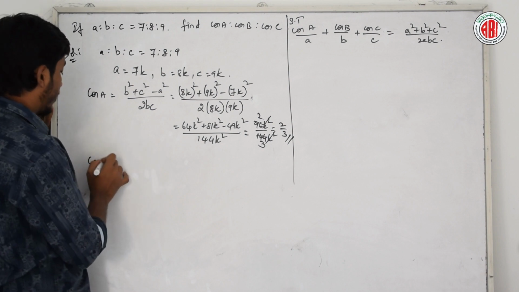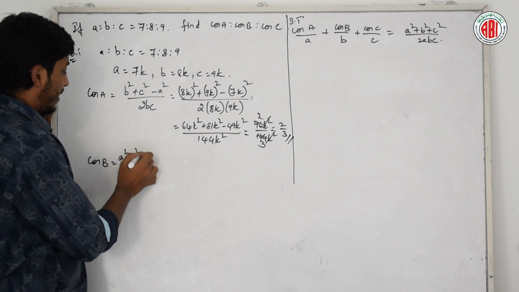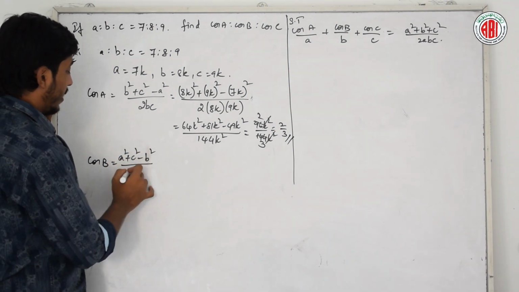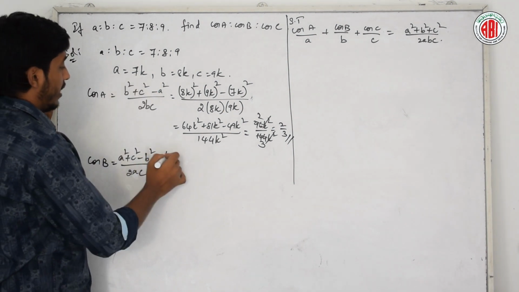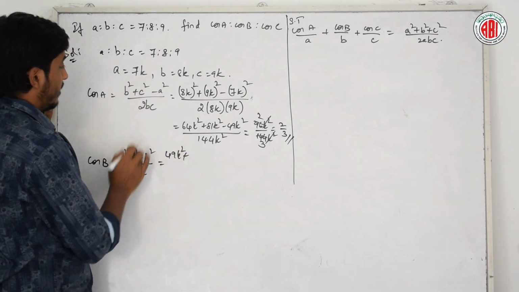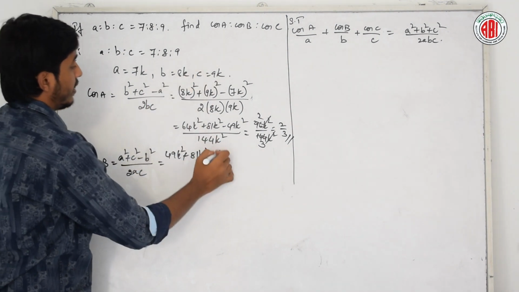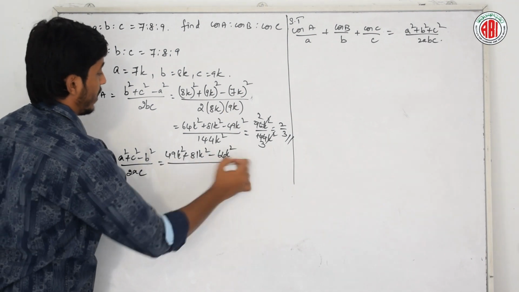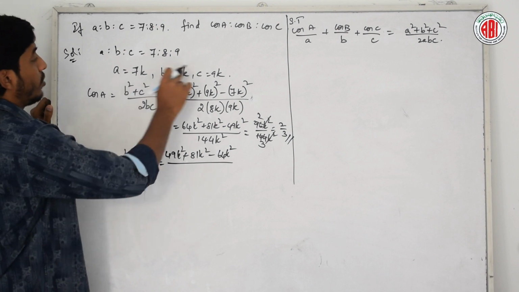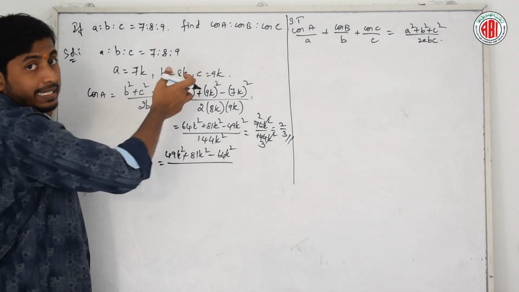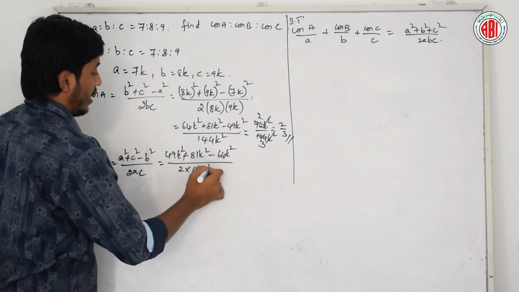Similarly, let us find cos B. What is cos B? That is a square plus c square minus b square divided by 2ac. That is equal to, what is a square? 49k square. What is c square? 81k square minus 64k square divided by 2ac, 2 into a into c. 7 9s are 63. 63 2s are 126k square.